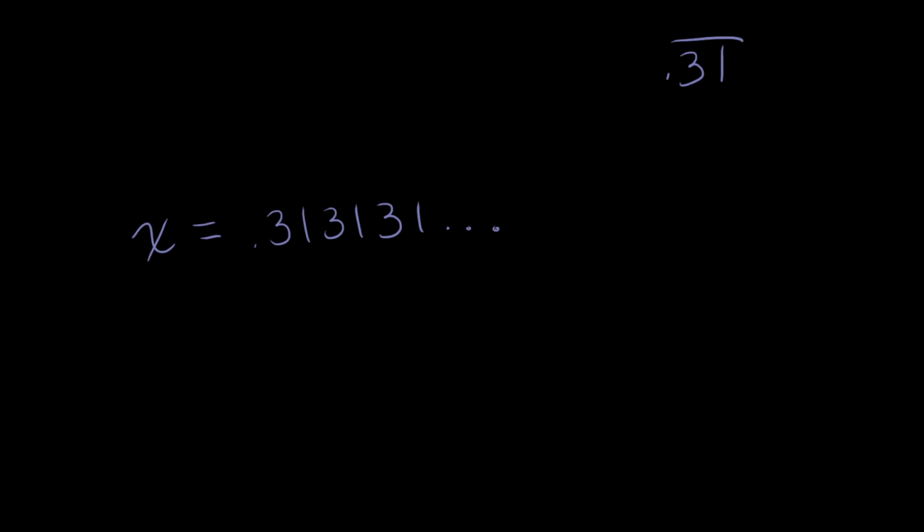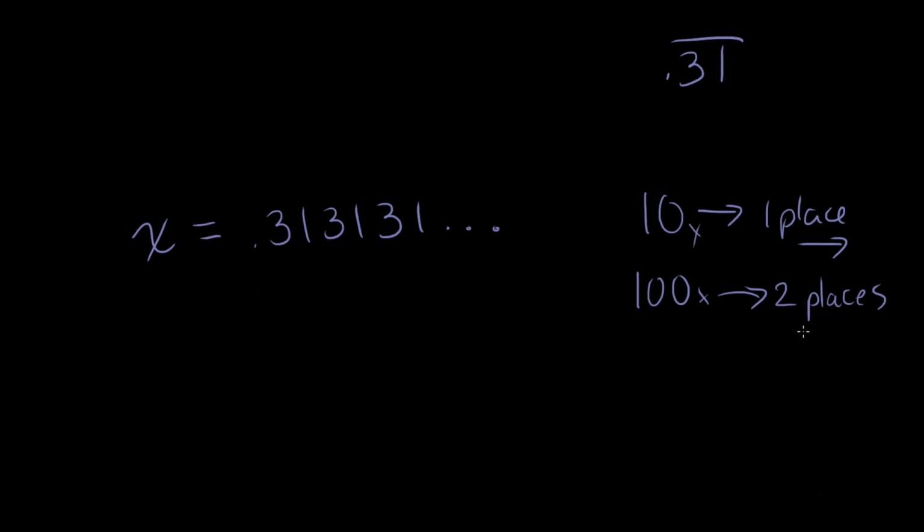So we need to think about what power of 10 can we multiply by to where this decimal point is going to move two places. So we want it to move twice. Well, we know that when we multiply by 10, the decimal moves one place to the right, and when we multiply by 100, the decimal moves two places to the right.